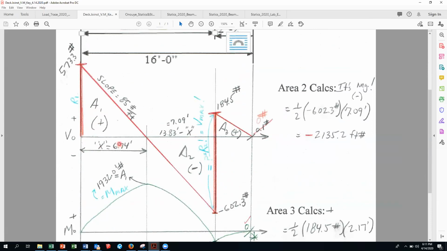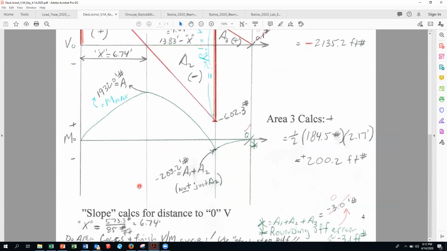So we cross the 0 line of shear. That's critical, especially in concrete beam construction because of the rebar orientation. So we have to find this run, this distance from the left end of the beam to where the shear crosses the 0 line. And that's that slope formula that I was telling you about.